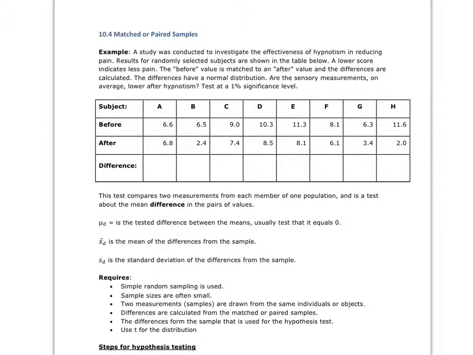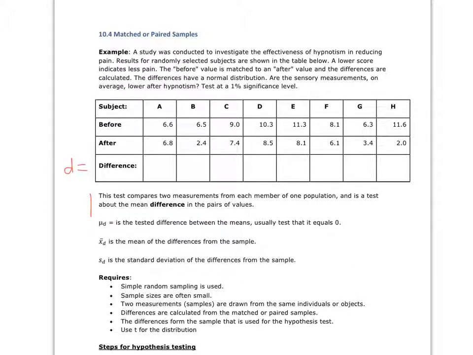So this test compares 2 measurements from each member of one population and is a test about the mean difference in the pairs of values. This mean difference is the mean of the difference values that we're going to calculate here.